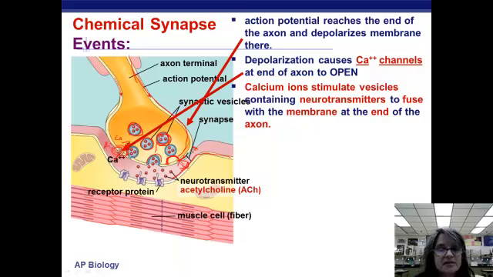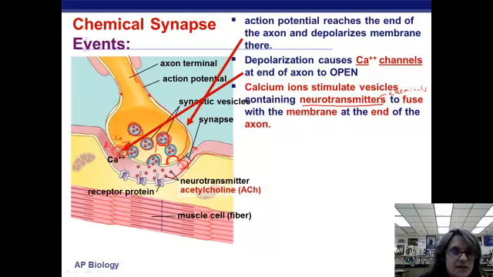These little red dots are neurotransmitters. It is chemicals. And these are actually the guys that are going to carry the message of the nerve over to the next cell. Okay? Neurotransmitter, a really, really important word.